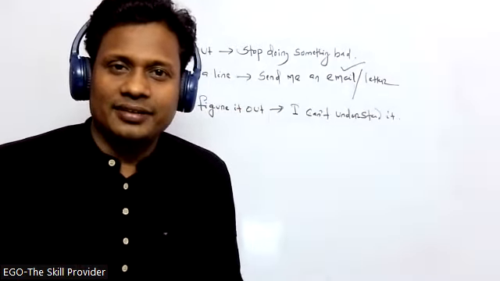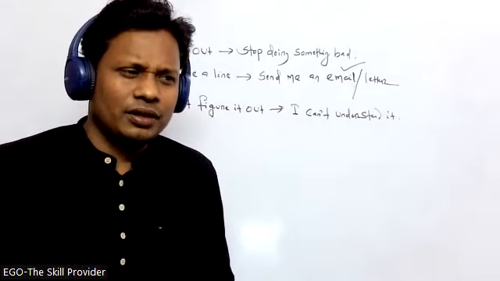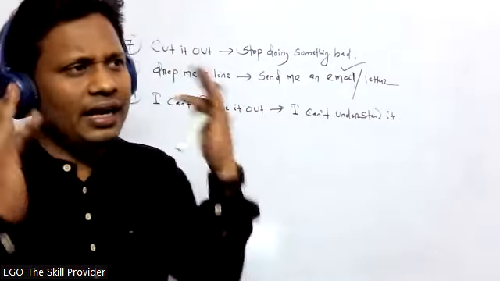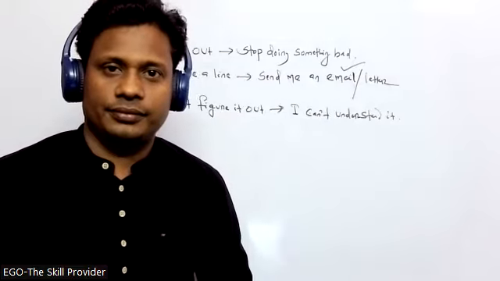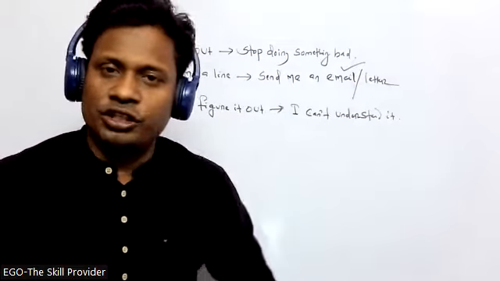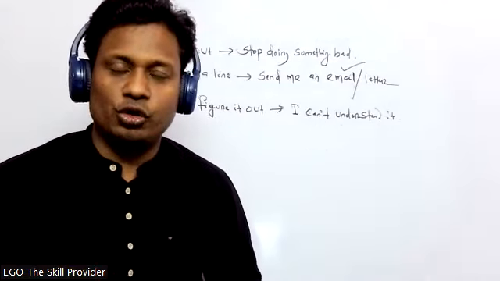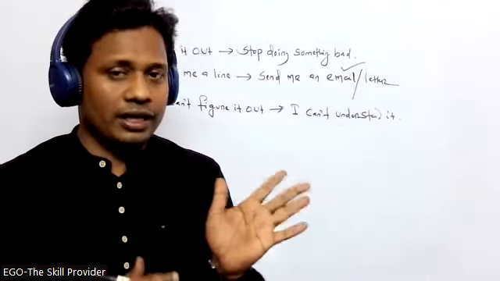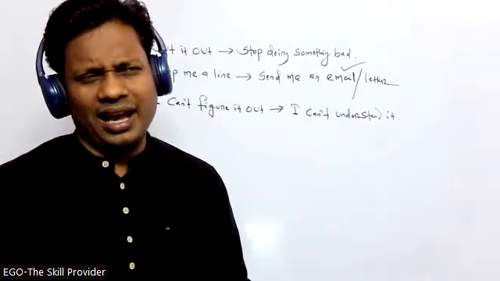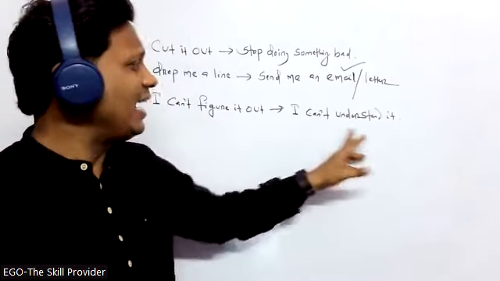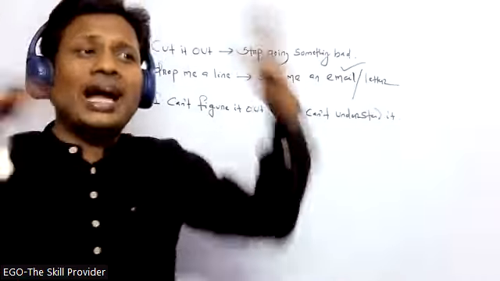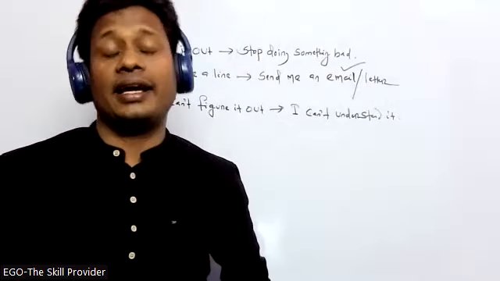So sometimes, suppose I give a mathematics question. Okay, you are a mathematics teacher. I give you a question. We are trying to find it out. I'm sorry, I can't figure it out. Means I can't understand it. So whenever you don't understand anything, you can say I can't understand.